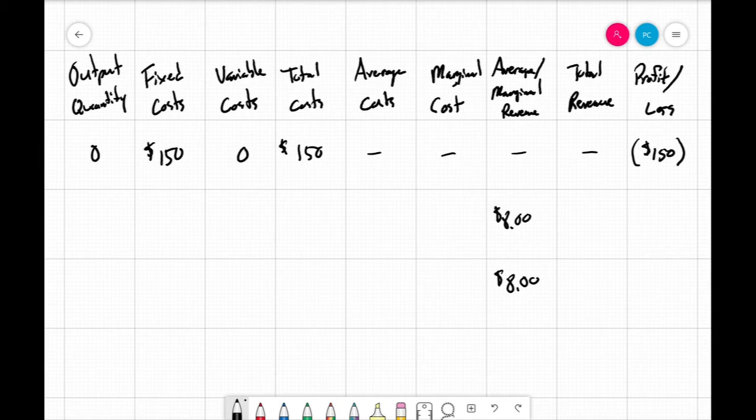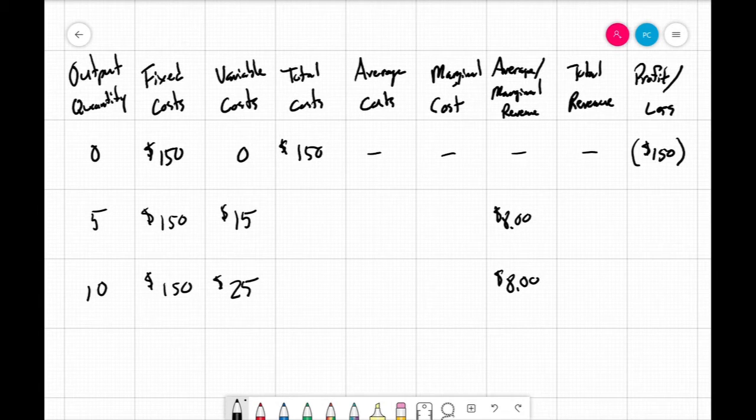Okay, so we've got 5 and 10. Fixed costs still 150, 150. Good thing about fixed costs is they're the same. Now, your variable costs increase to $15 after 5, an increase of 5, and then they go to 25.